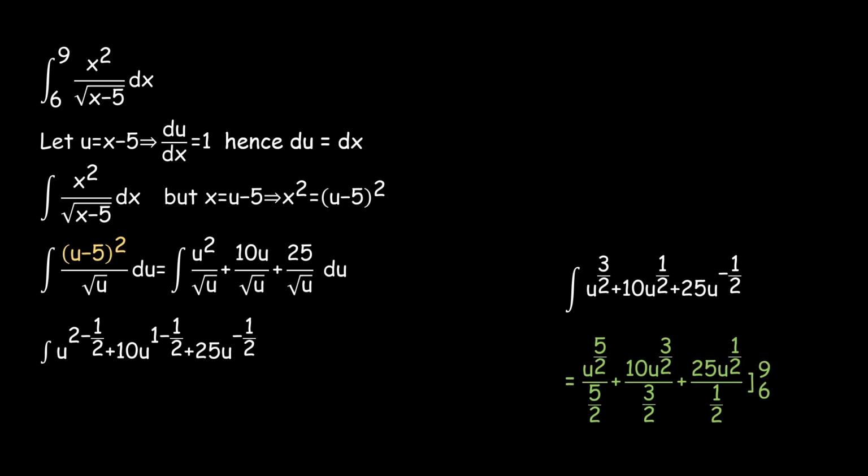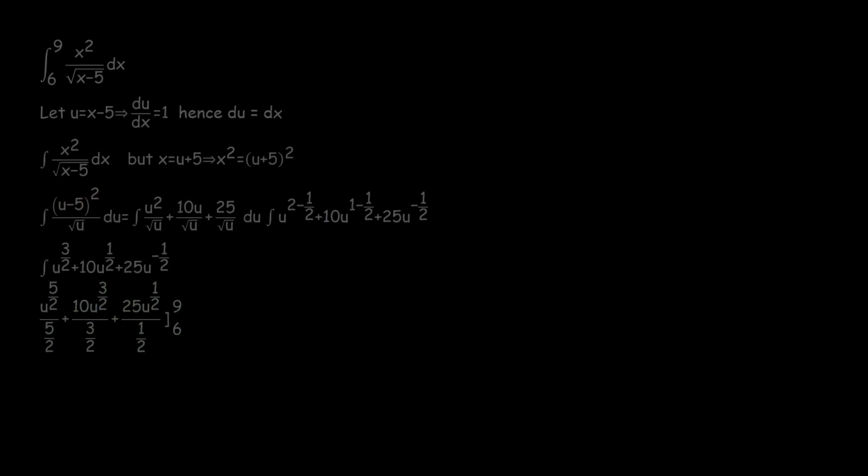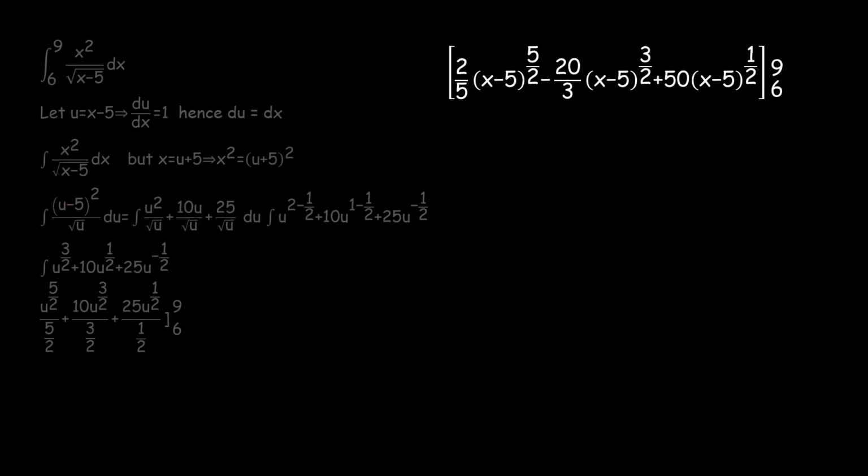So we add 1 to each of these powers, and we'll have our answer as u to the power 5 over 2 over 5 over 2, 10u to the power 3 over 2 over 3 over 2, and so on. But remember, we need to substitute 9 and 6 so that we subtract and have our final answers.